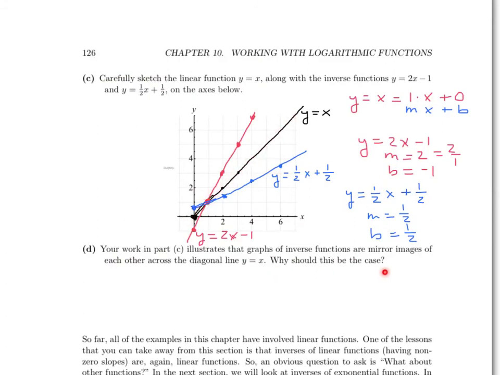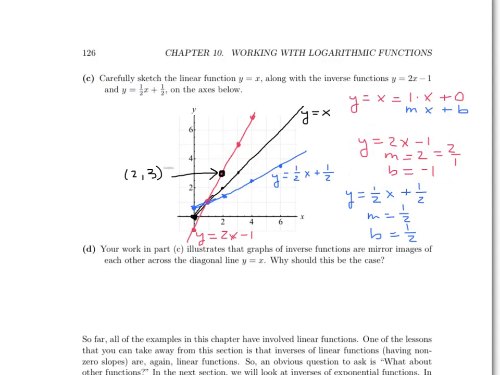Why do you think this should be the case? Well, the answer is actually a bit complicated, but I think we can begin to see why this is probably the case by looking at some of the points that these graphs go through. So, for example, if we take this point right here, the coordinates of this point are 2, 3. So 2, 3 is an input-output pair for this function.